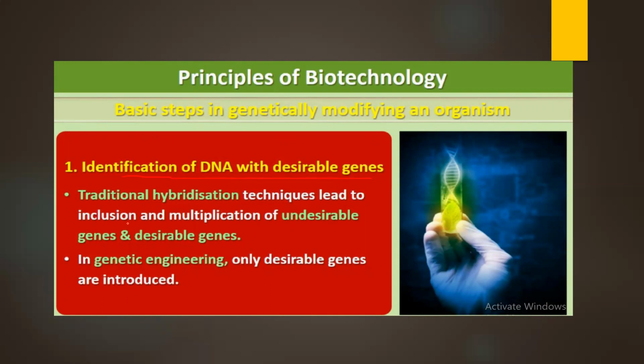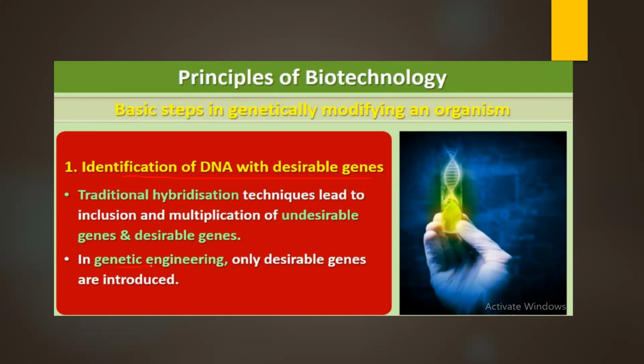Now, if we talk about this first step, the traditional hybridization procedures which were used in plant and animal breeding very often led to a problem. Traditional hybridization was also a type of biotechnology, but in this process there was a big disadvantage: with the desired gene, undesirable genes were also transferred.